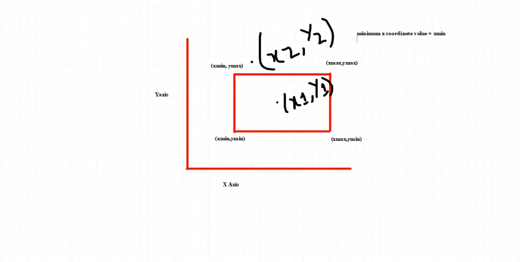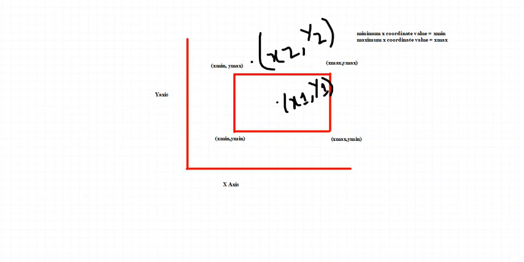Similarly, try to figure out the maximum x coordinate value. It is x max.